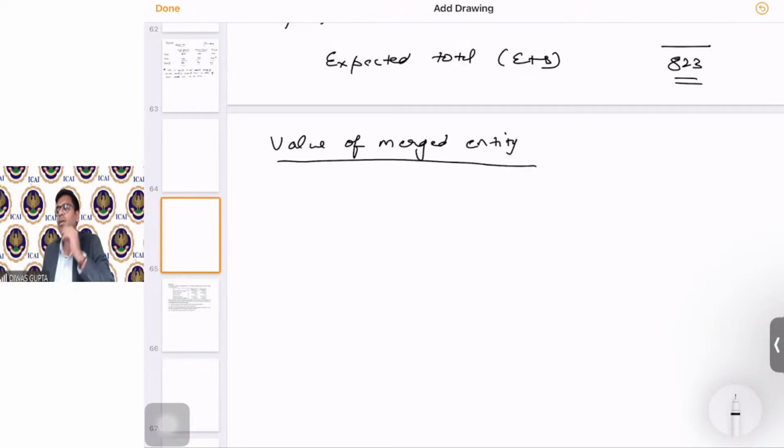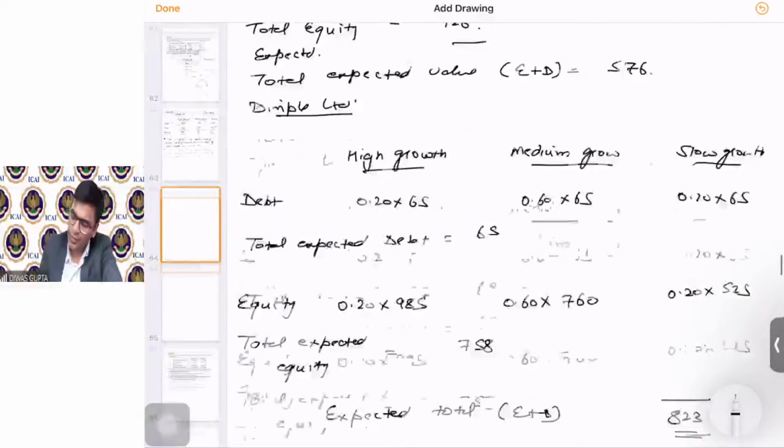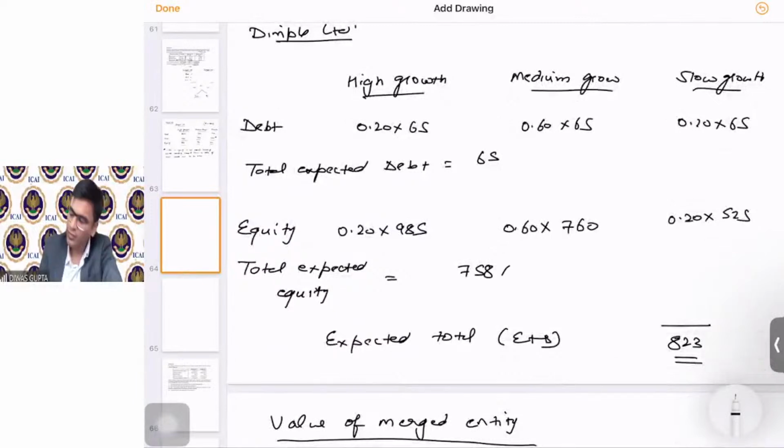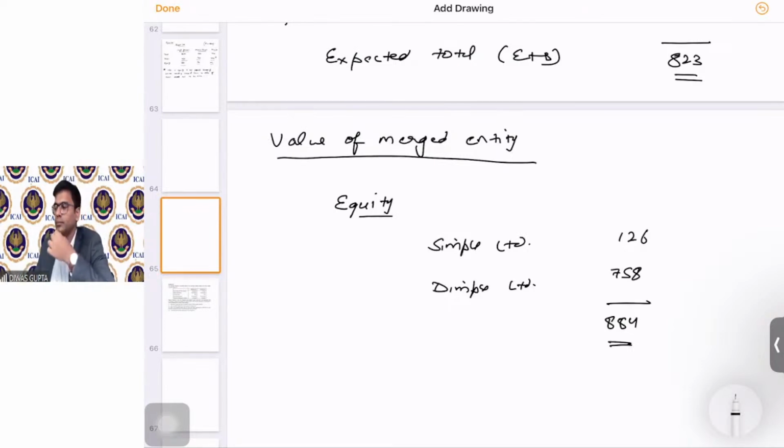Okay, so the value of merged entity, students, becomes equity from Simple Limited and Dimple Limited. How much it was? 126 is the equity of Simple and Dimple's equity is 758. So the total is 884. Okay.